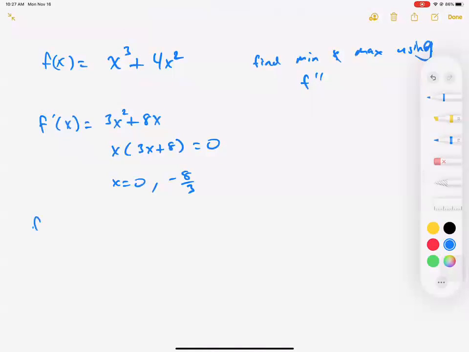And now we're going to take the second derivative here. That's going to become 6x plus 8. Now, we're going to solve for 0 here, because that's going to give us a new feature.